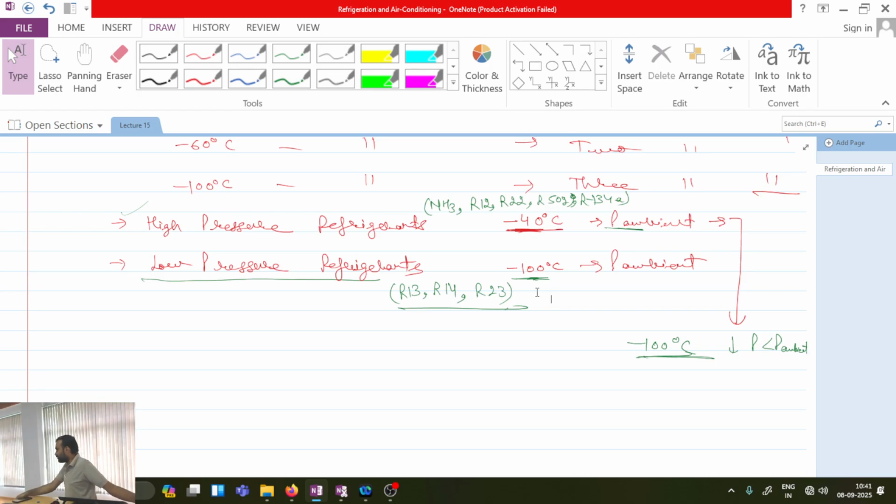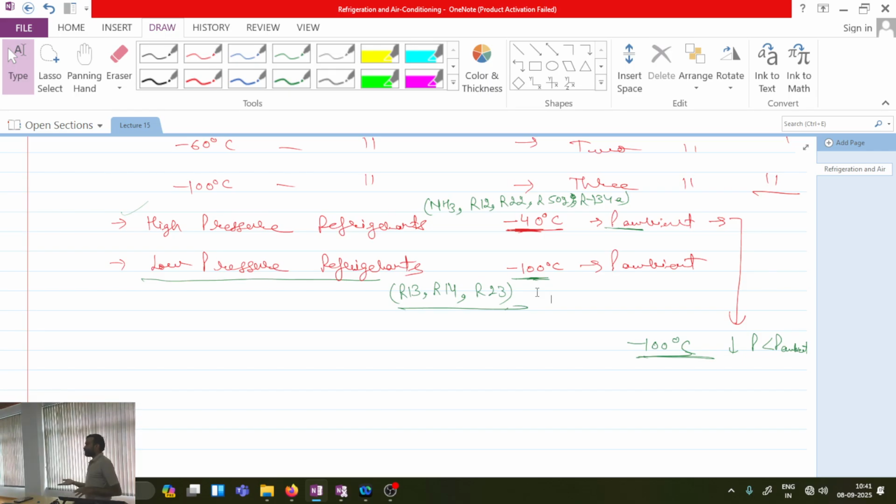If air enters into the circuit, it's a non-condensable gas, it will decrease the mass flow rate of the refrigerant and it will also decrease the rate of heat transfer in the evaporator and the compressor. The other point is we cannot use a hermetically sealed compressor under these scenarios, because whenever pressure decreases significantly, the specific volume of the refrigerant will increase.